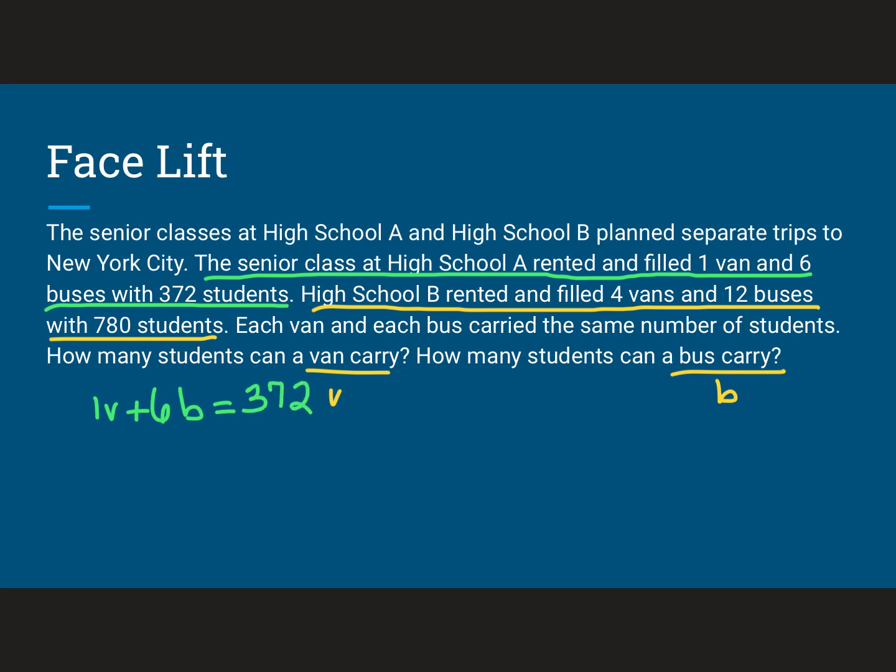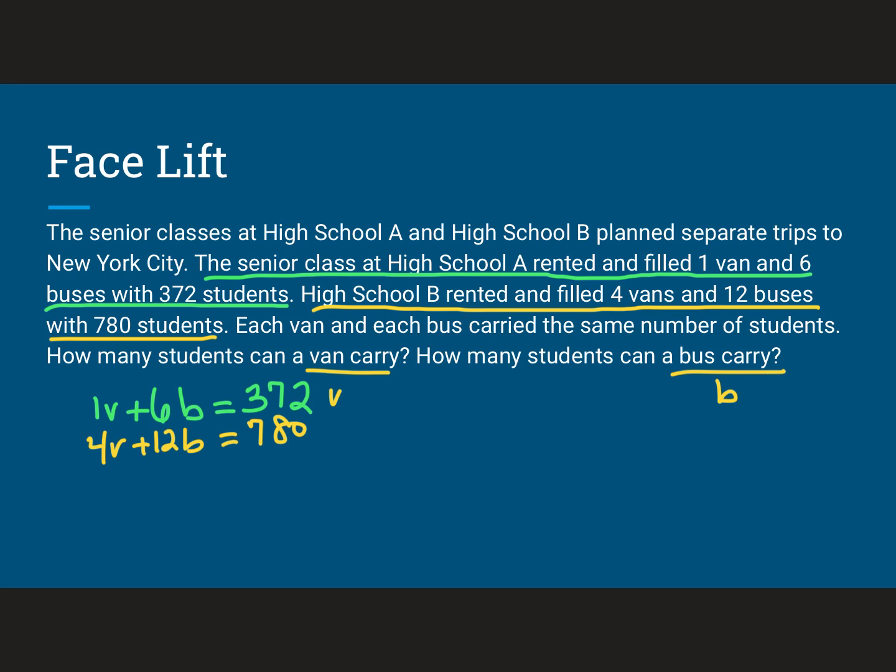High School B had 4 vans and 12 buses carrying 780 students.